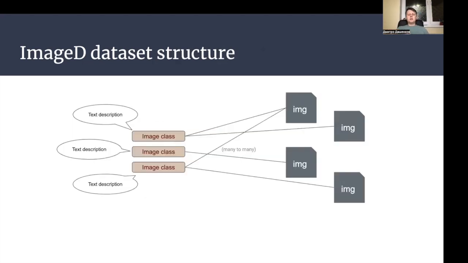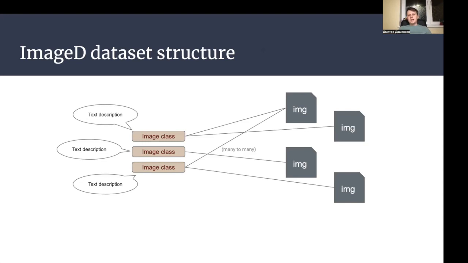The dataset that we get by gathering data that way, we call the ImageD dataset. The general structure of it looks something like this. As you can see, there are multiple image classes and multiple images.